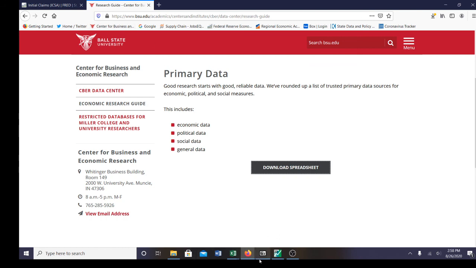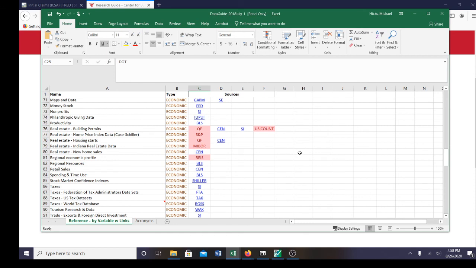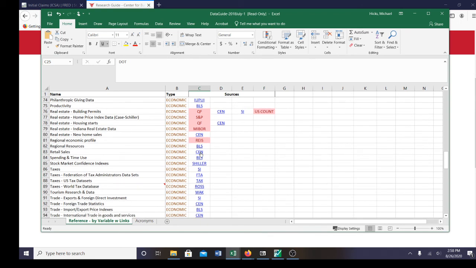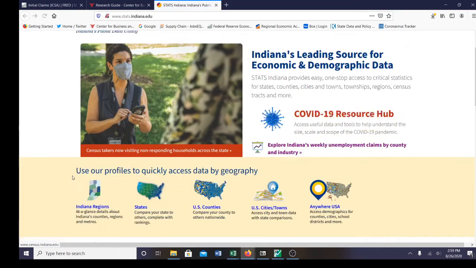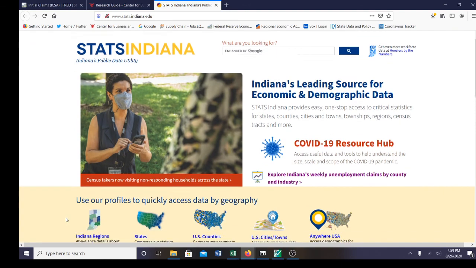Most of the data, I'm going to go back to this, a big portion of the data in these data guides are going to be central sources to cross-sectional data. So we could look at, let's pick across retail sales. No, let's look at taxes here. And so we'll be able to have, this is Stats Indiana, this is run by you.